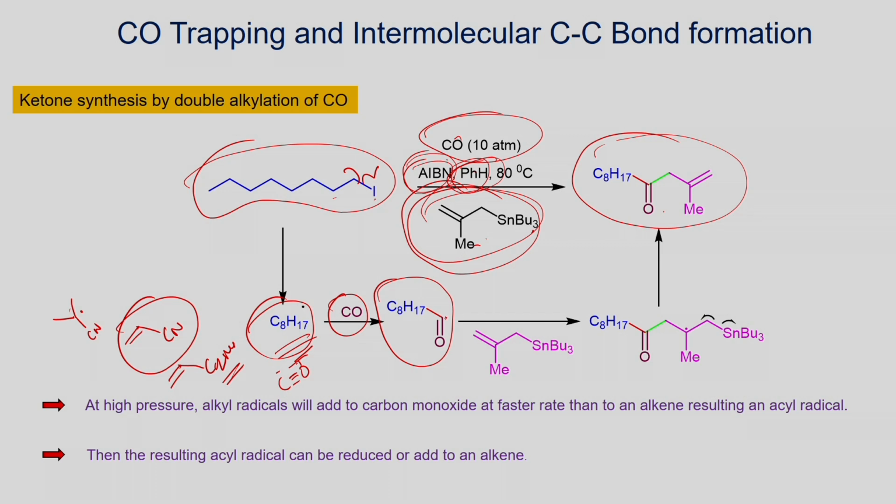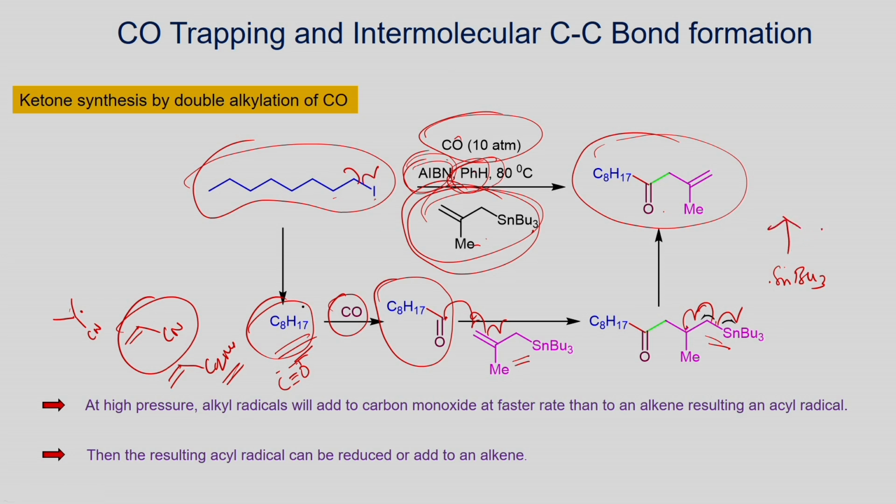Once you form this radical, it can undergo addition reaction with this alkene as shown here, and then you get the tertiary radical. This radical can now convert into a neutral molecule, and what happens here, the carbon tin bond undergoes homolytic cleavage in this case, and you get this radical which can now react.